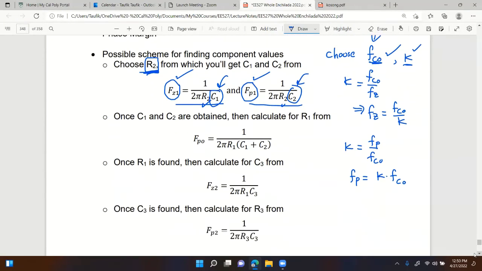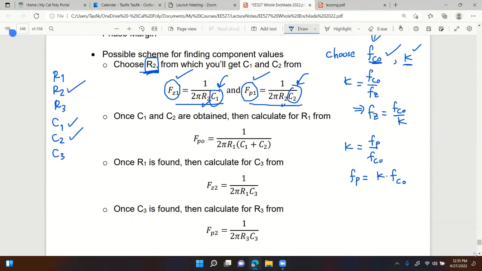Okay, so I need to find R1, R2, R3, C1, C2, C3. I pick R2, and by doing so, I get C1 and C2.